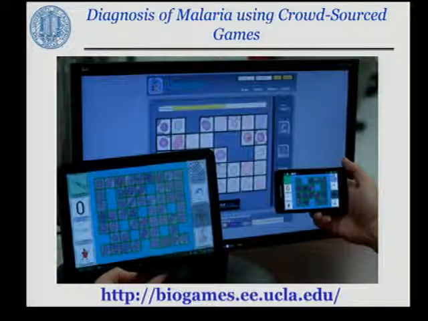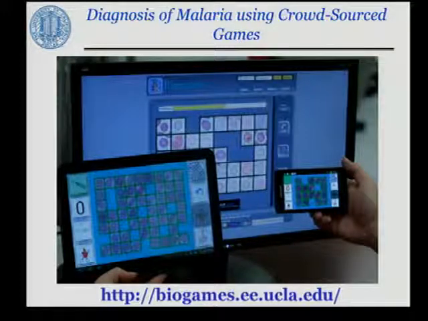So to point to this problem and potentially offer a solution, we've created a platform for crowdsourcing of image labeling and diagnosis through images. We created games that took microscopic images of red blood cells taken with different types of microscopes.